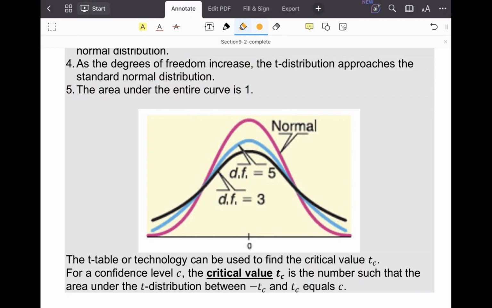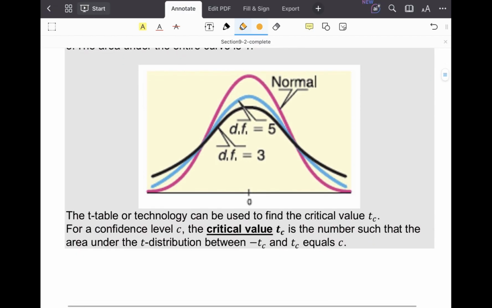And when you get to degrees of freedom even like 50, it's hard to tell the difference between the normal distribution and the t-distribution with 50 degrees of freedom visually. You can't really see it. But anyway, this is going to be used mostly in the background.